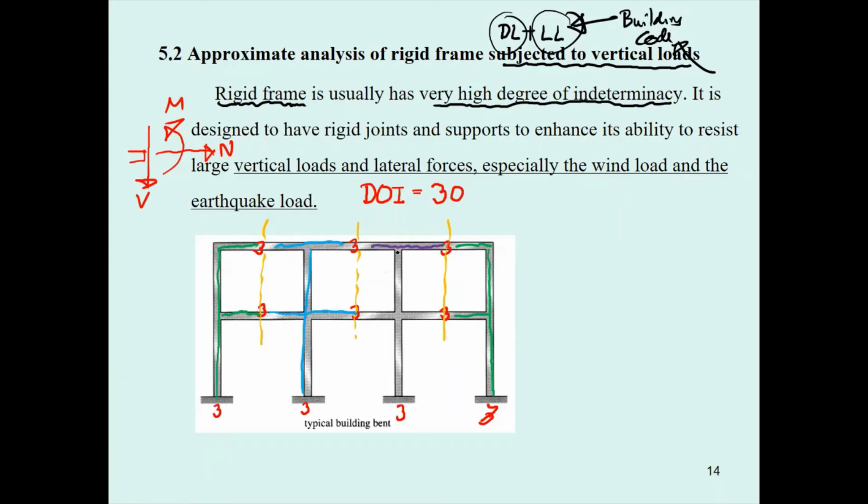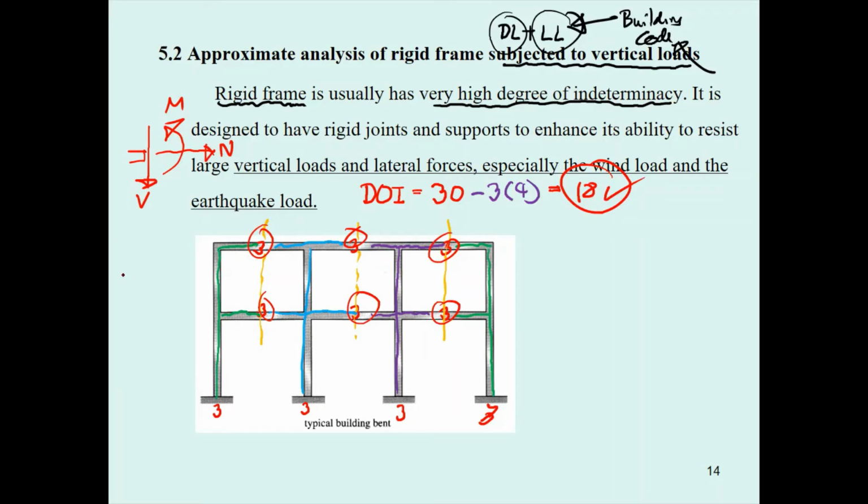So the number of equations of equilibrium that you have is going to be 3 times 4, and the degree of indeterminacy of this one is going to be 18. And then can I just do it like this? 1, 2, 3, 4, 5, 6. 6 times 3 is 18. Yes, you can do so.